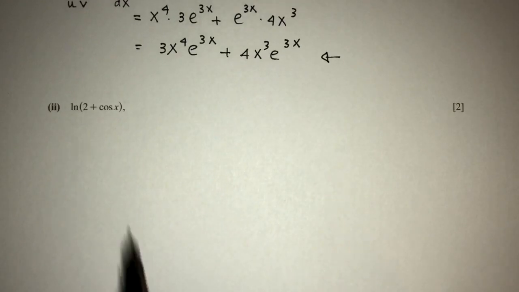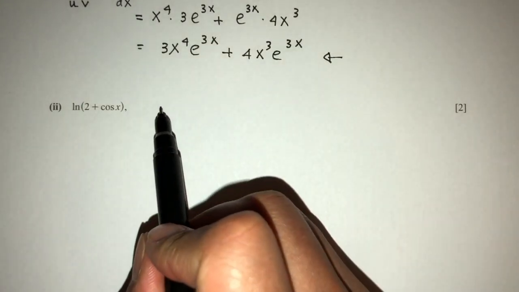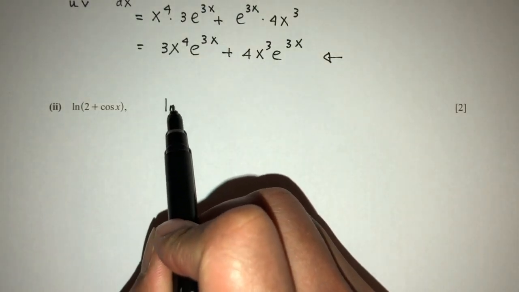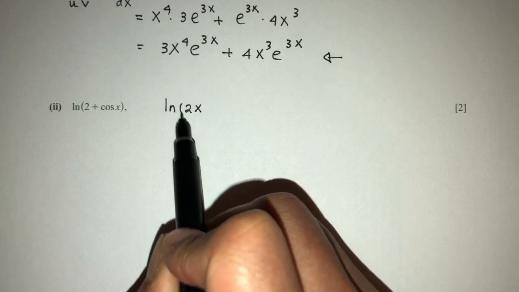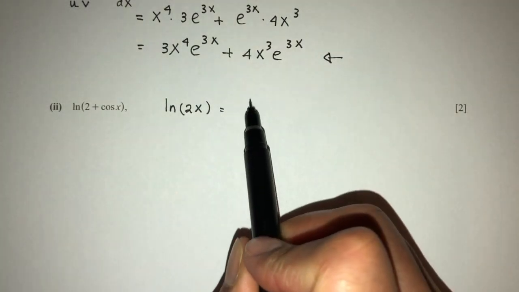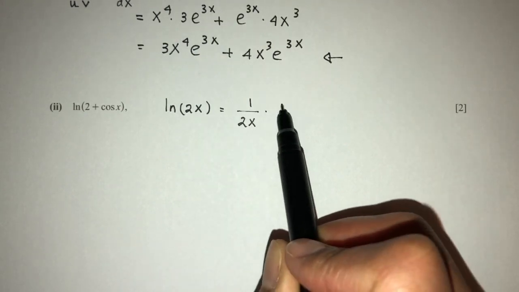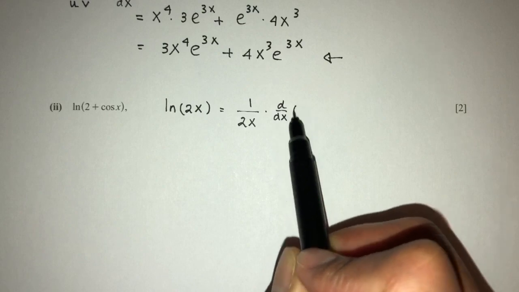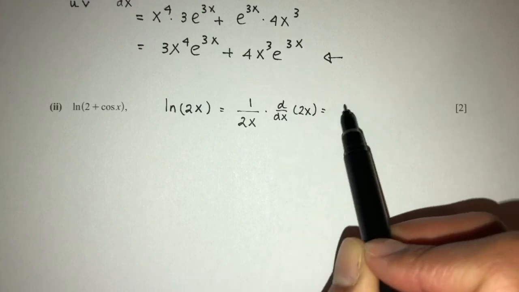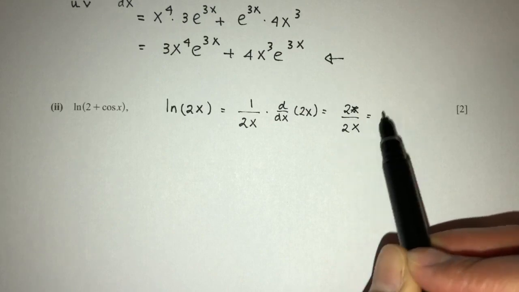Now for part 2, we have to differentiate this one, so let's do one by one. First, let's think, how do we differentiate, for example, ln of 2x? You will do 1 over the value of the inside, then multiply by d by dx of the value inside. That gives you 2 over 2x, which is 1 over x.